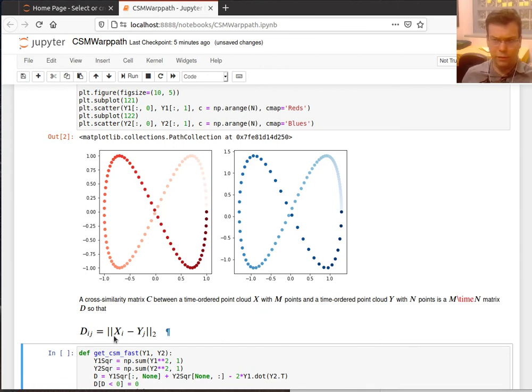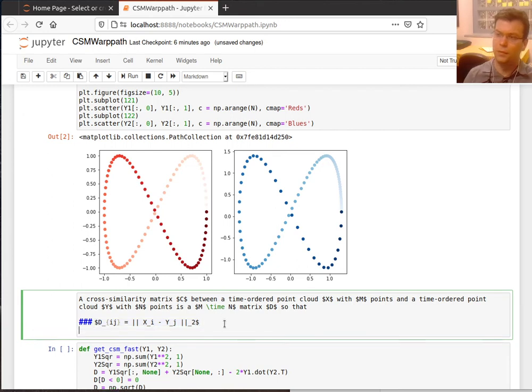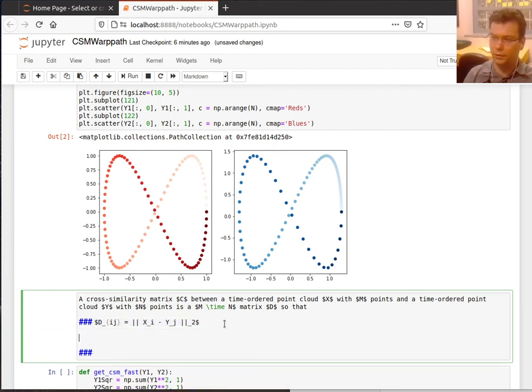So there's a formula for this, which is a generalization of the Pythagorean theorem. So we say in particular, d_ij is equal to the sum over all dimensions.